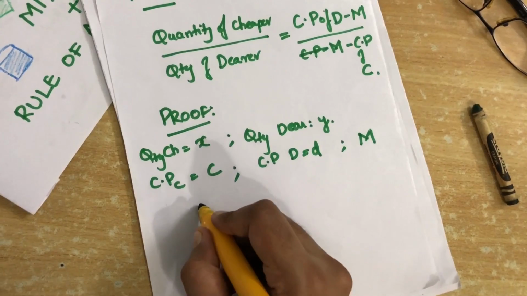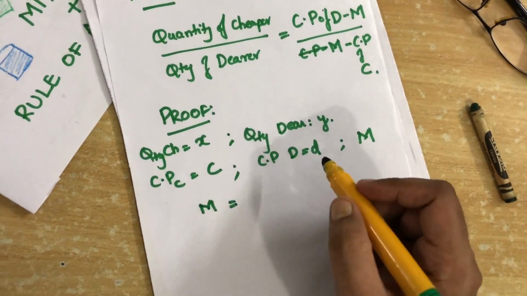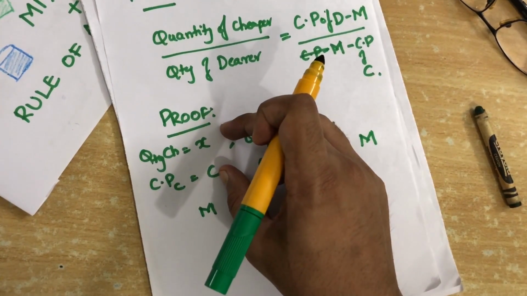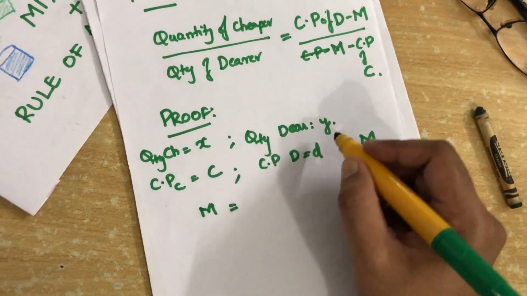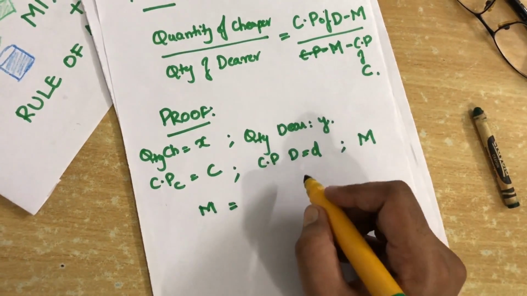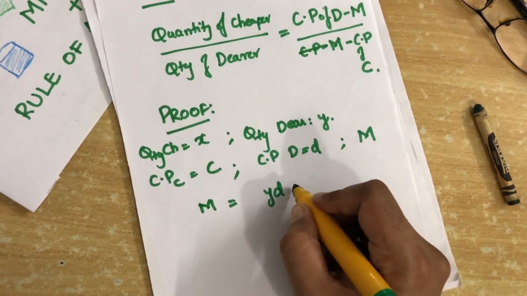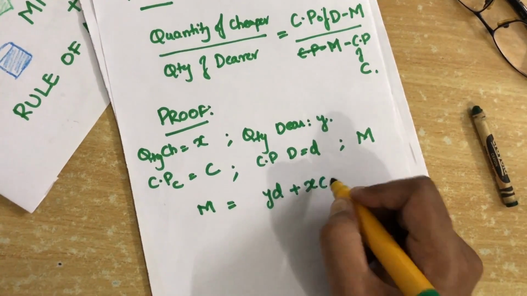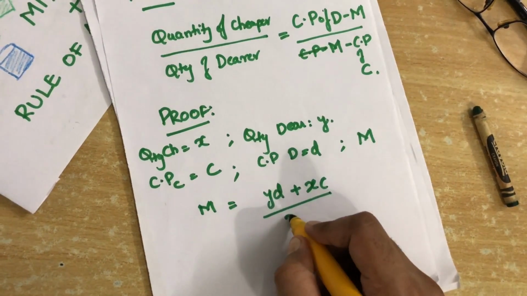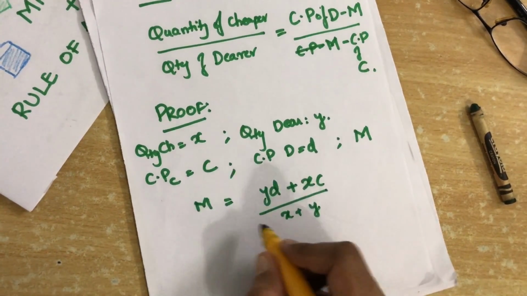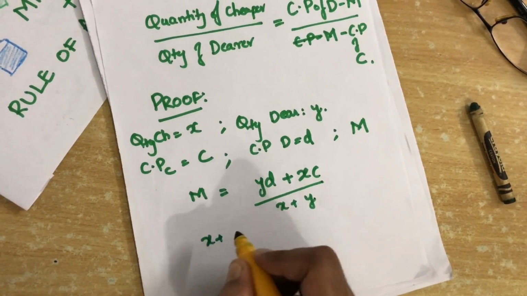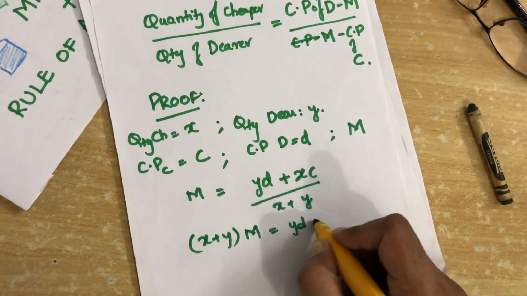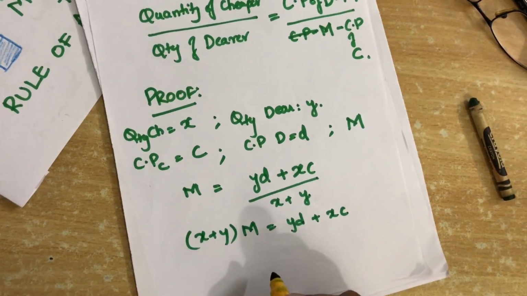So the mean price is nothing but the entire cost by the total quantity. So the entire cost of dearer product is Y into D, and the entire cost of the cheaper product is X into C, and the total quantity is X plus Y. So now, solving this simple equation, I would get X plus Y into M is equal to YD plus XC.